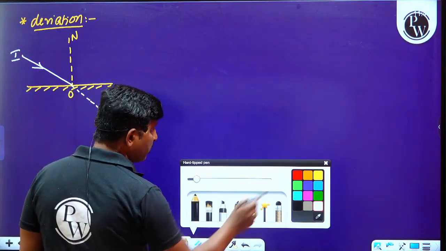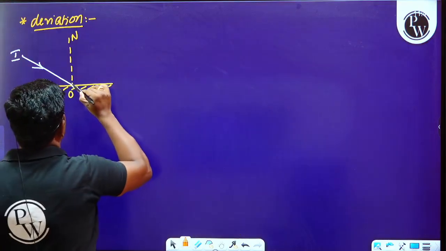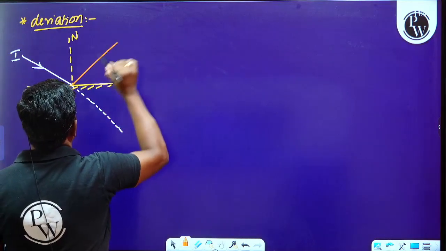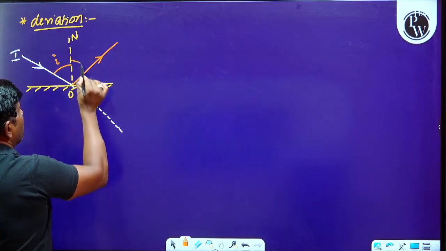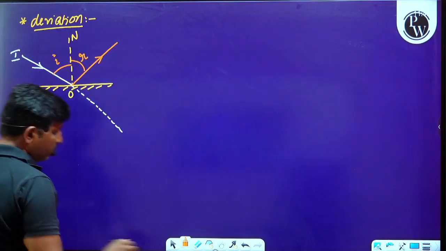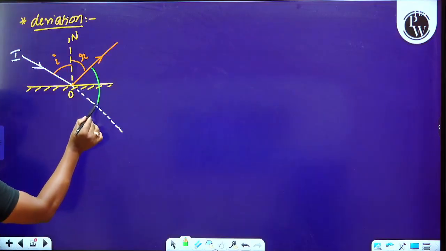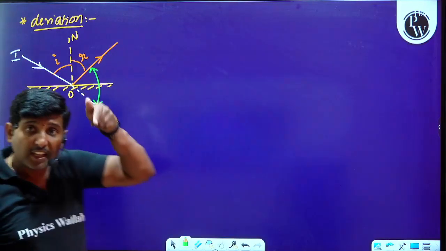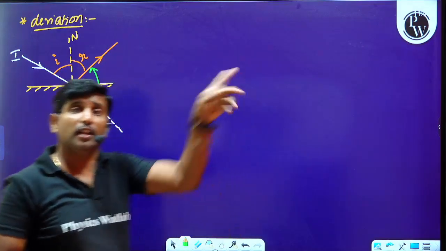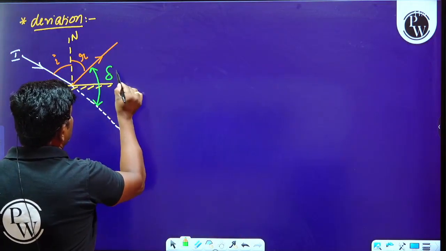But because of the mirror, the ray gets reflected back. I is the angle of incidence, r is the angle of reflection. If we measure the angle between the direction of the incident ray and the reflected ray, we can call it the deviation.